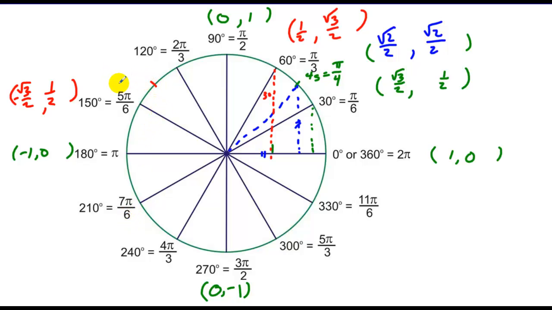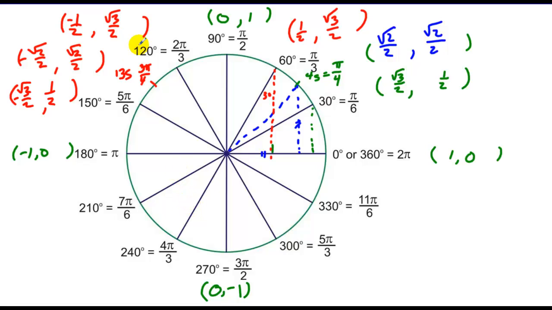Likewise, at 135 or 3 pi over 4, I have root 2 over 2 and root 2 over 2. In this case, my x is negative. And if I once again flip over here, same x and y, but my x is negative since I'm in the second quadrant.